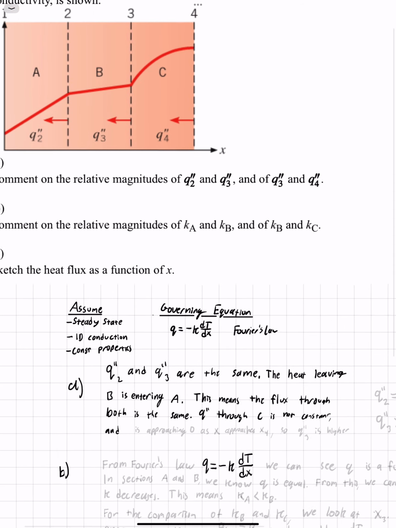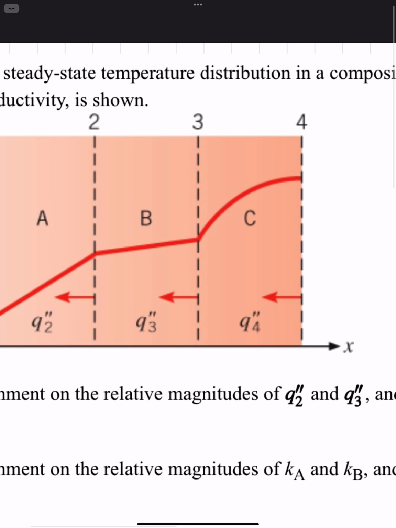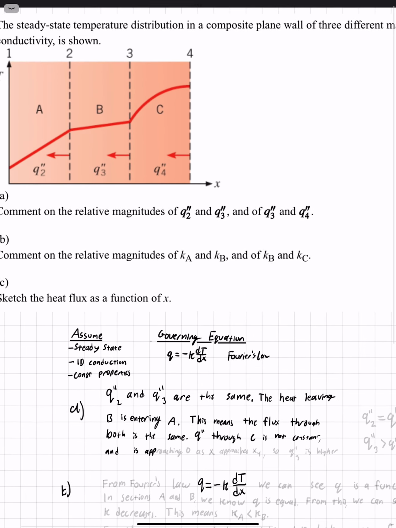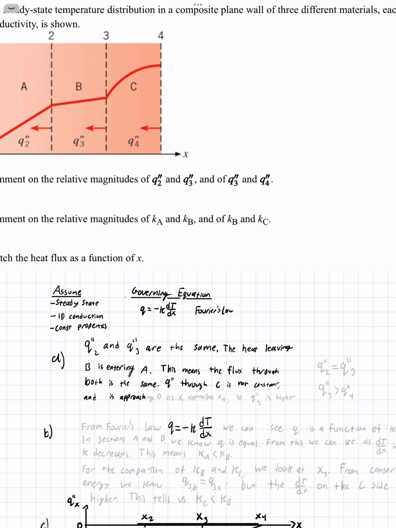However, when we look at heat flux q3 and q4, we know that they are different. Because section C has a curved temperature distribution, we know that heat generation is occurring. In a plane wall with 1D conduction, it should either be linear or there is heat generation.